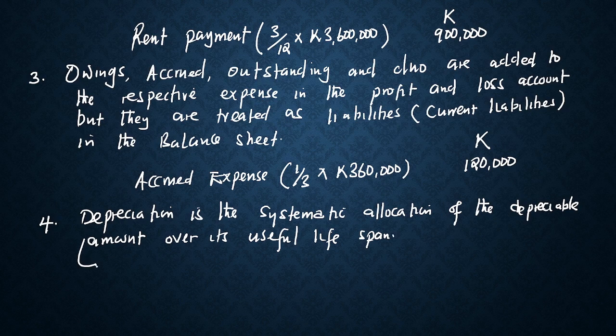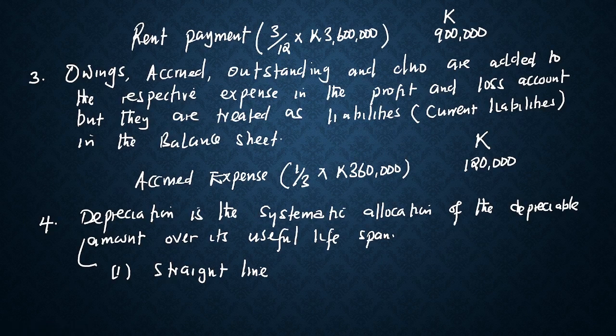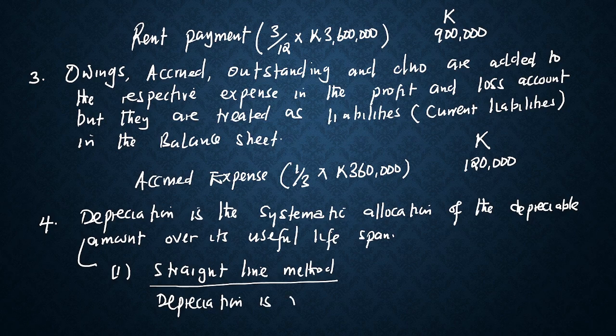So there are two types of depreciation. One of them is what we call the straight line method. Now, this is the straight line method. Here, depreciation is valued at cost.